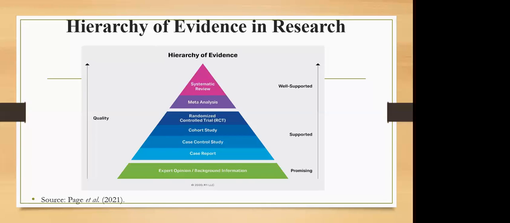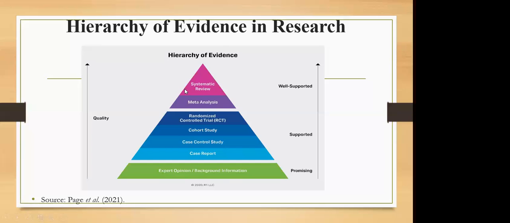For you to say that paracetamol is effective for reducing symptoms of headache, it means that we have appraised RCTs, or cohort studies, or case control studies, or case reports that are trying to evaluate paracetamol for reduction of symptoms of headache. That is why systematic reviews are at the top of the evidence.